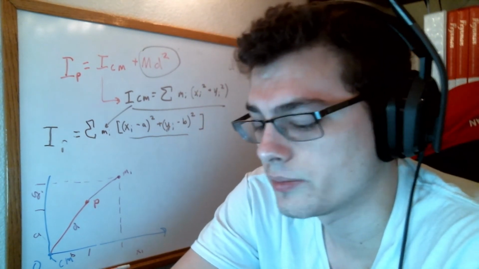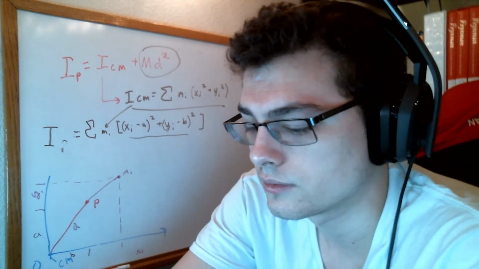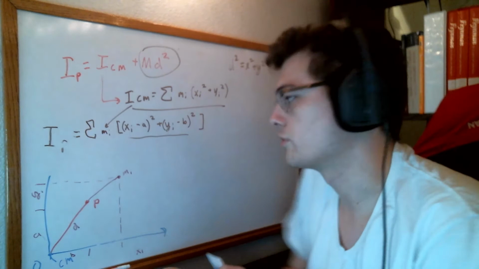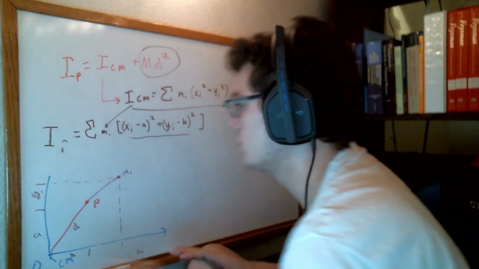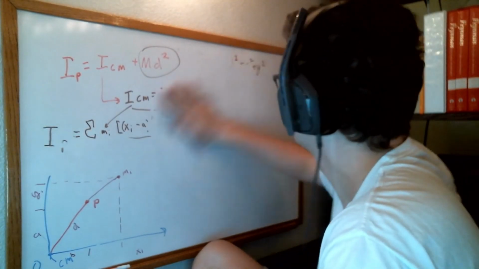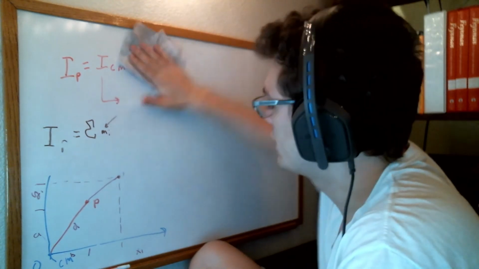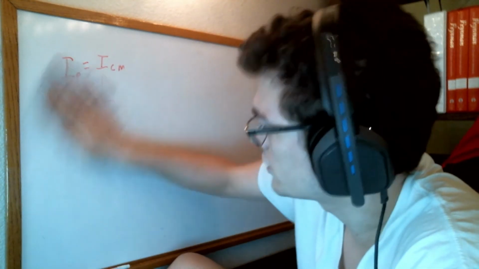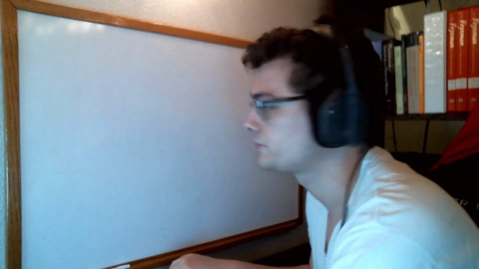A good example of the parallel axis theorem is, say you have a platform, right? And on this platform, you can sit crisscross on it. And say you have a 45-pound plate that you're holding in.